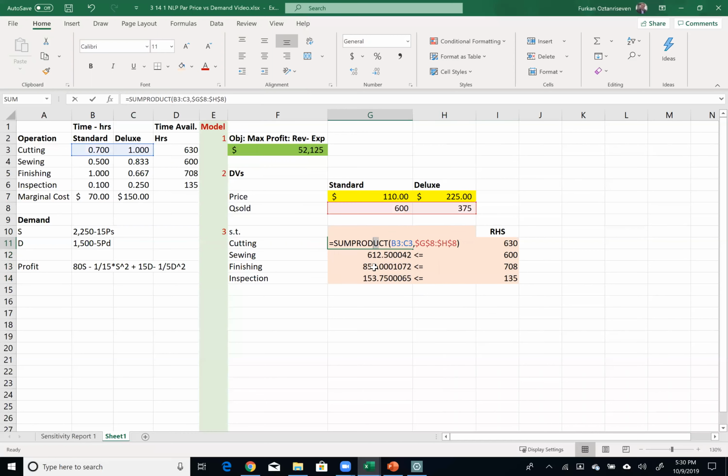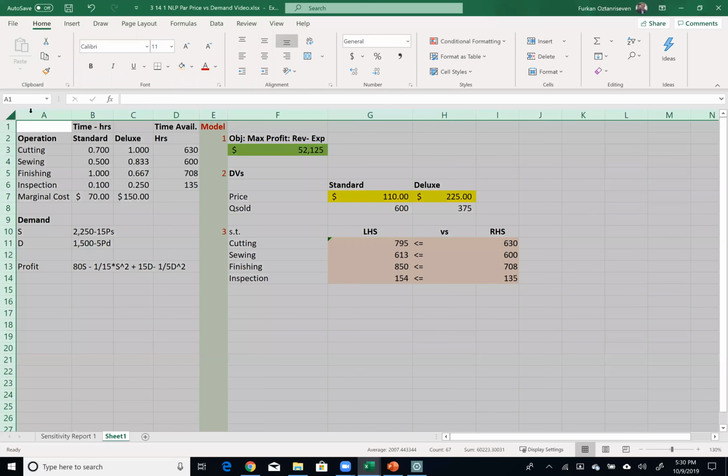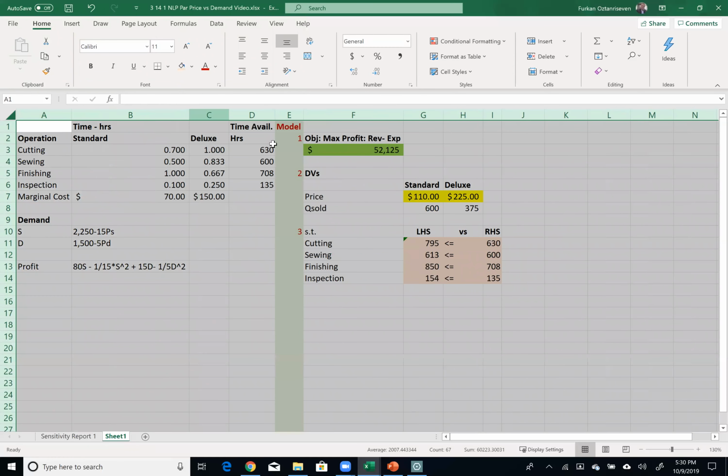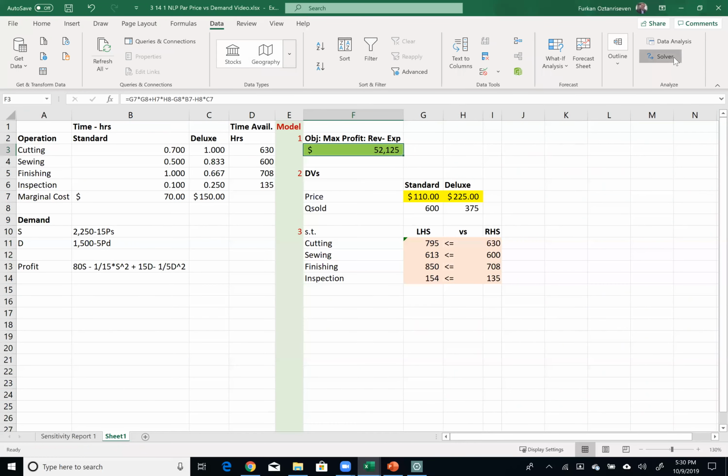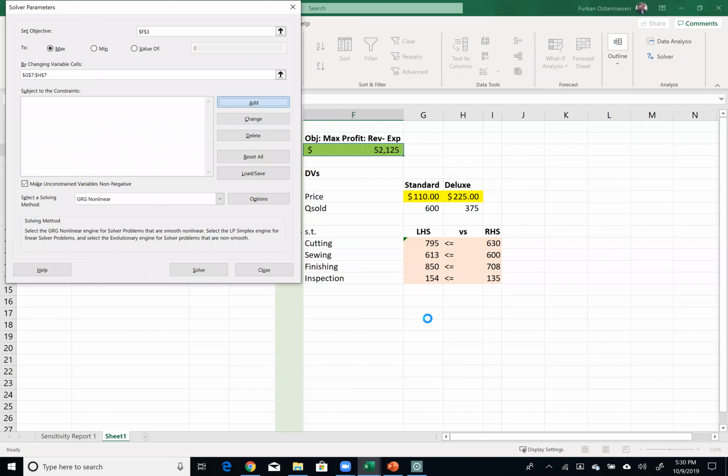So now what I'm gonna do is solve this problem with these constraints. I will add those constraints to my model to see whether I can make something close to this at least in dollars. So Data, Solver, and let's add our constraints.